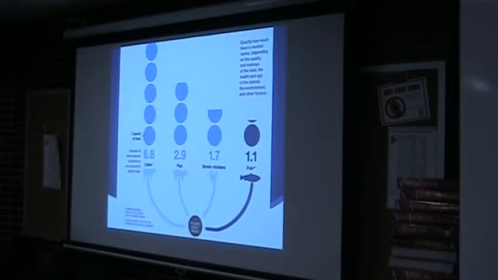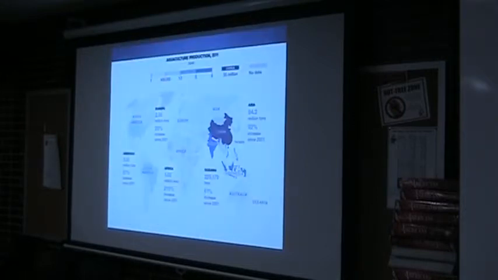So like cattle are the worst. It takes pounds of feed needed to produce 1 pound of body mass. So they need to eat so much in order for you to eat steak or hamburger. Pigs need less, chickens need less, fish need the least. So that's really efficient. So we'd like to eat more fish. And it's increasing everywhere, especially in Asia.